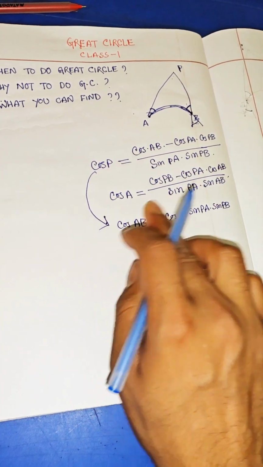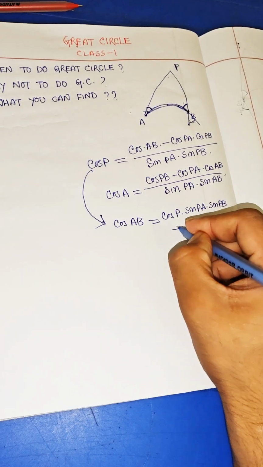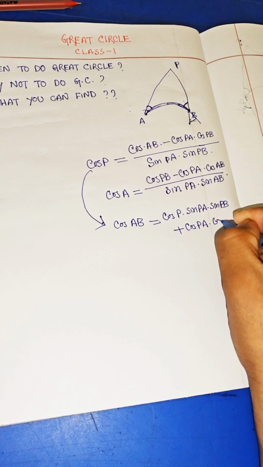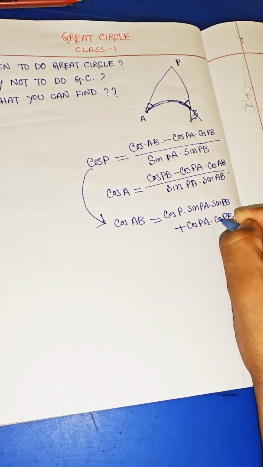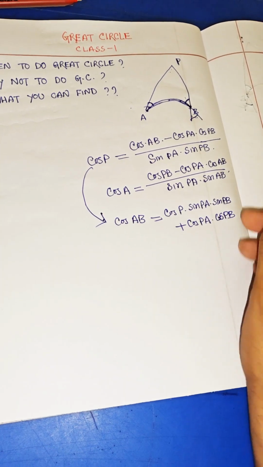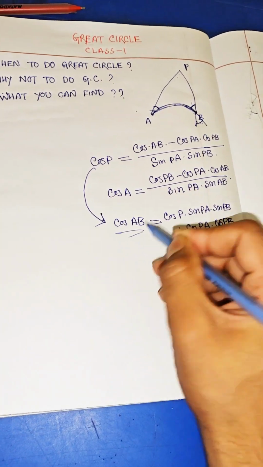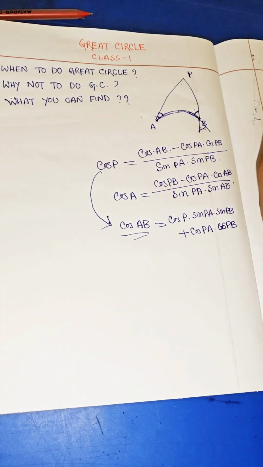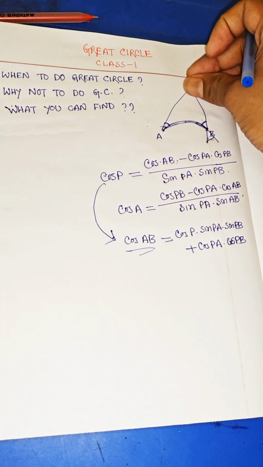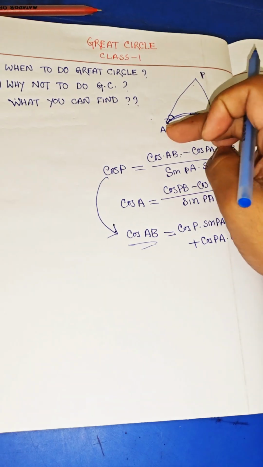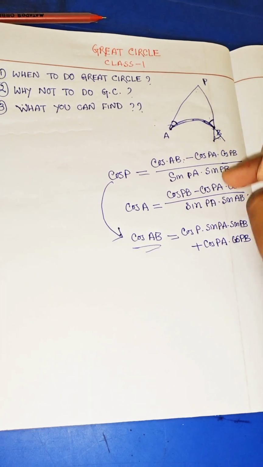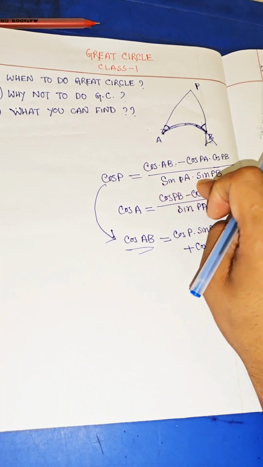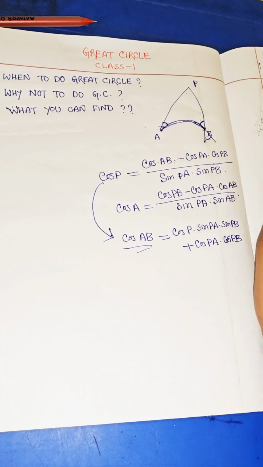This will come this side, so it will be plus cos PA into cos PB. Understand guys how this formula comes from here. Just remember, you can take any angle: cos of any angle is equal to cos of opposite side minus cos of adjacent side, divided by sine of adjacent side. Finish, the formula is finished.